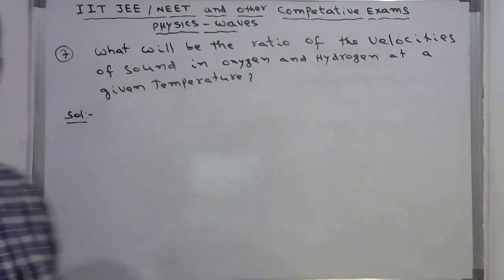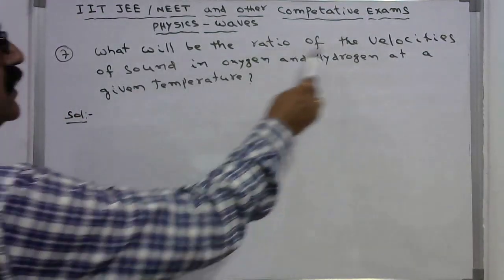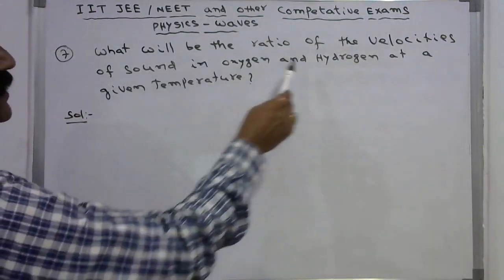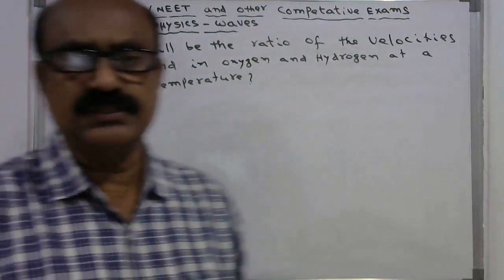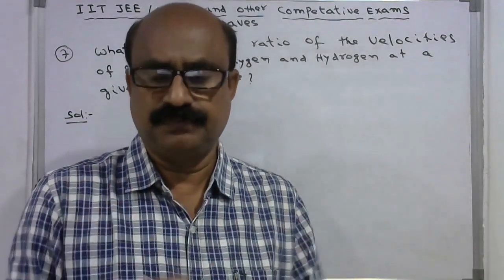In this problem, what will be the ratio of the velocities of sound in oxygen and hydrogen at a given temperature? The temperature is constant, but the gases have different densities.